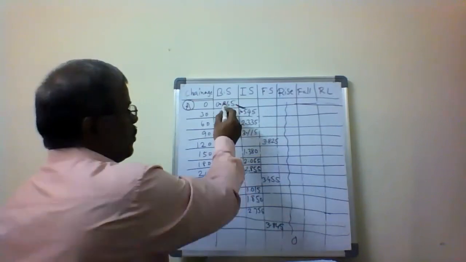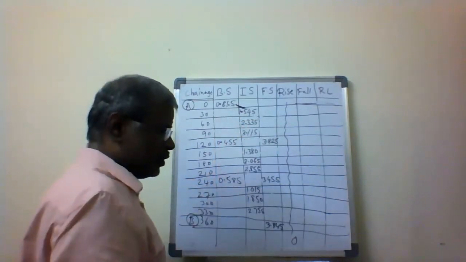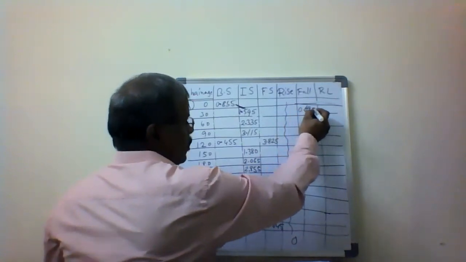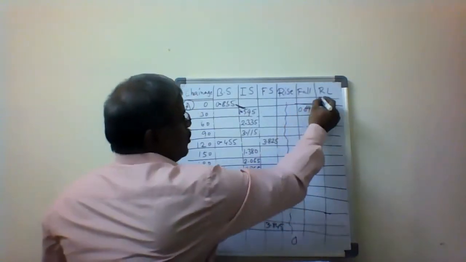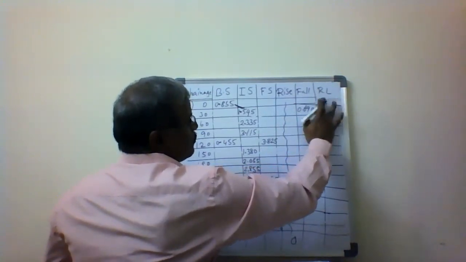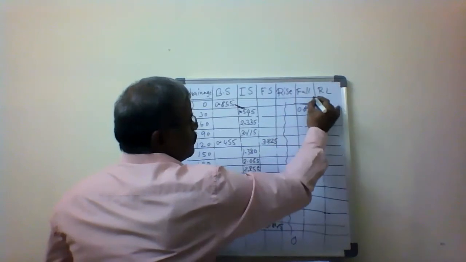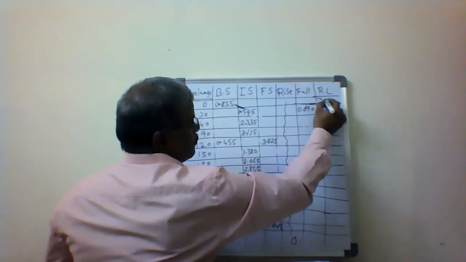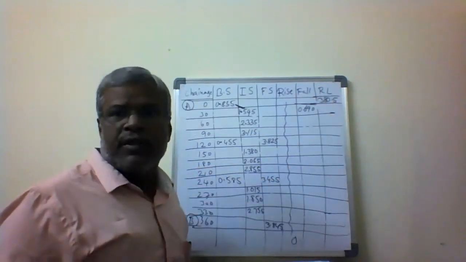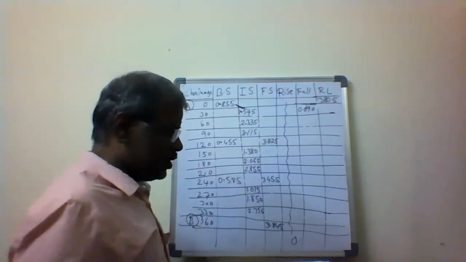So 0.85 minus 1.545 is 0.690. And the reduced level is given as 380.5.